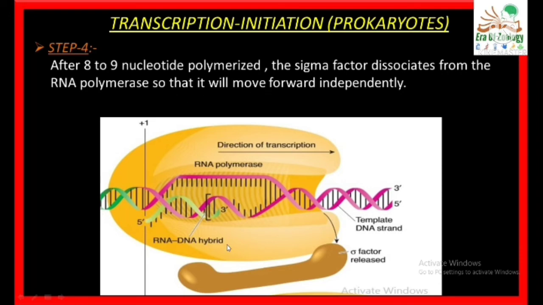After the formation of the RNA-DNA hybrid, when the mRNA transcript is 8 to 9 nucleotides long, the sigma factor is released from the RNA polymerase, so that the polymerase can complete the whole transcription process independently.